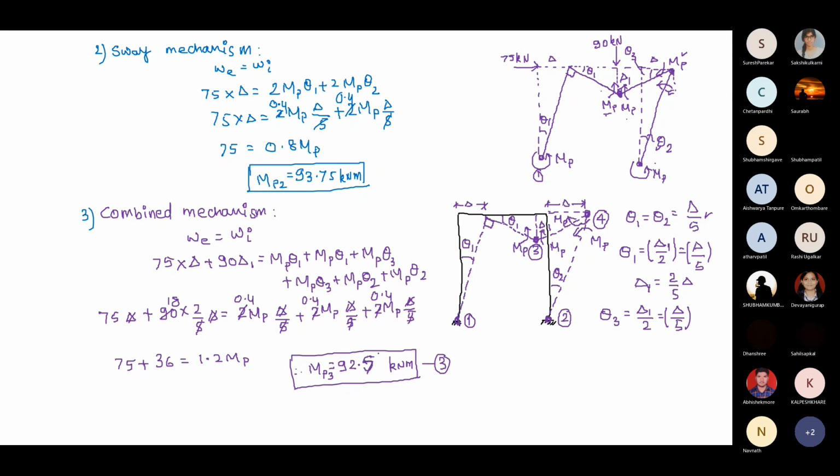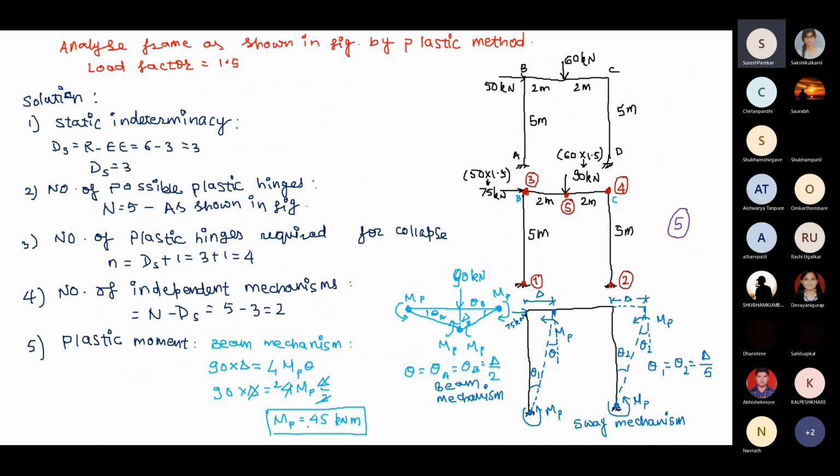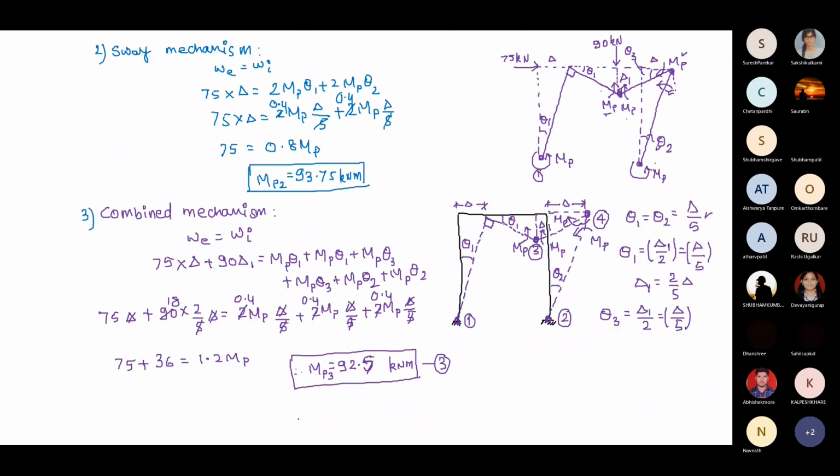So we have MP1 is 45, MP2 is 93.75, MP3 is 92.5. Therefore, the greatest is the plastic moment. MP is equal to 93.75 kilonewton meter.